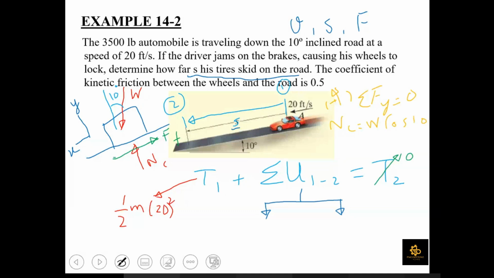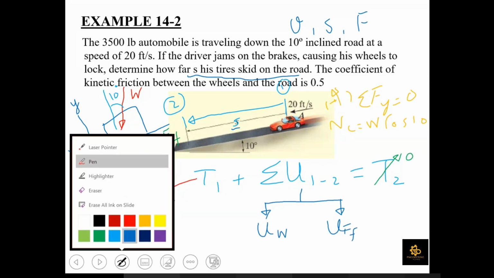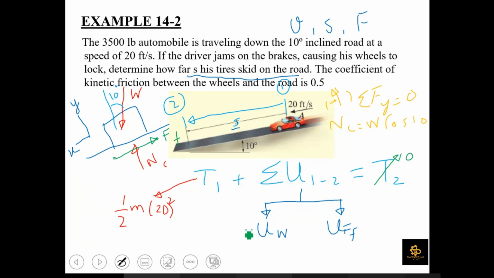One is the work done due to weight, since weight is being vertically displaced between position 1 and 2. The other one is the force of friction, जिसकी वजह से work आएगा. As far as the work done due to NC is concerned, since NC is acting perpendicular to this displacement, it should not be contributing towards the work done term. So अगर मैं broadly देखूं, आपके पास work done due to weight आएगा और आपके पास work done due to force of friction आ जाएगा. ठीक है? Okay.